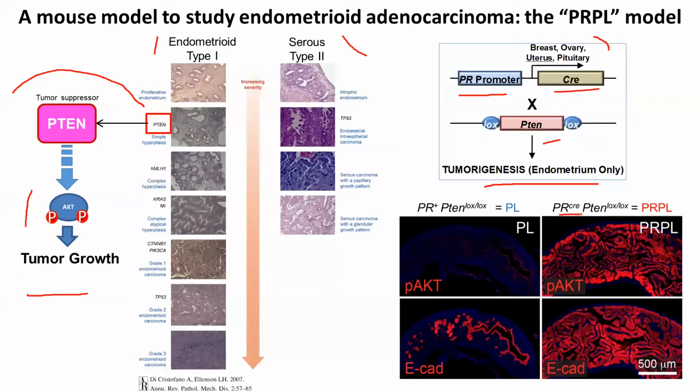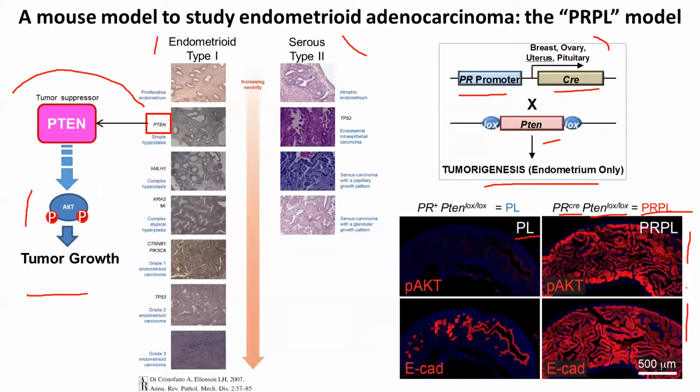From these PR-Cre PTEN lox mice, which I will refer to as the PRC mice during this talk, as opposed to the control mice, the PL, we found that this conditional deletion led to the constitutive phosphorylation of AKT, which reflects a massive proliferation of tumor epithelial cells, as reflected by the staining of these epithelial cells by the cytokeratin staining.